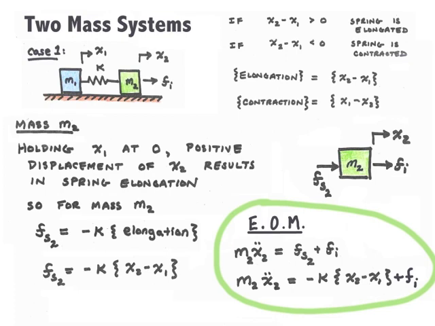In this case, I've got Fs2 and Fi acting in the positive x2 direction. So the equation is m2 x2 double dot equals Fs2 plus Fi. And I know Fs2 is minus k times x2 minus x1. So I can substitute that in, and I find the equation of motion m2 x2 double dot equals minus k times the quantity x2 minus x1 plus Fi.